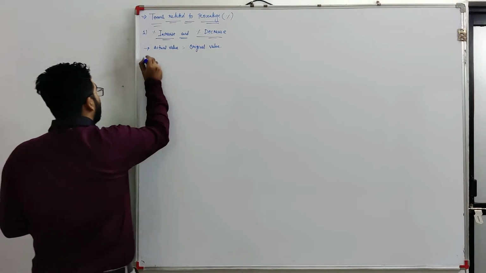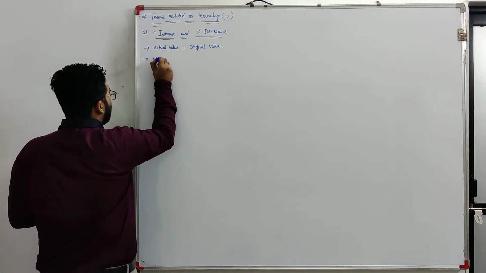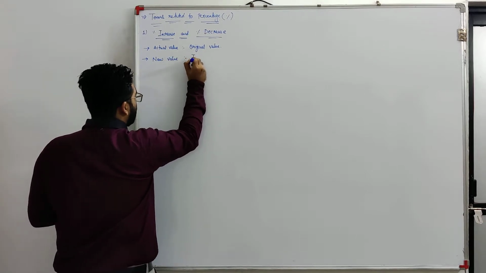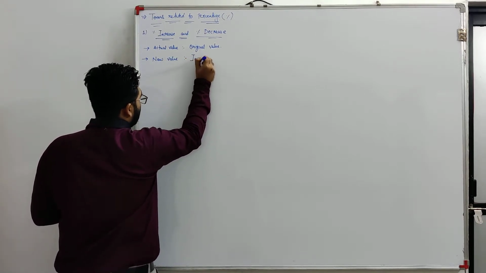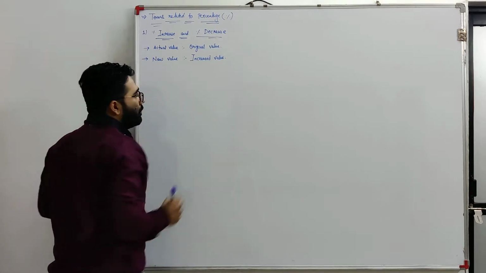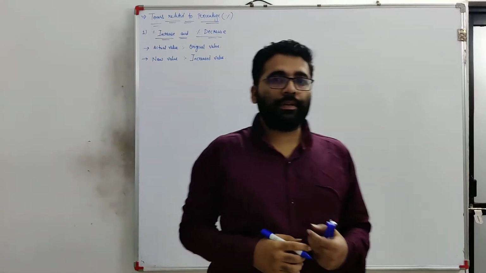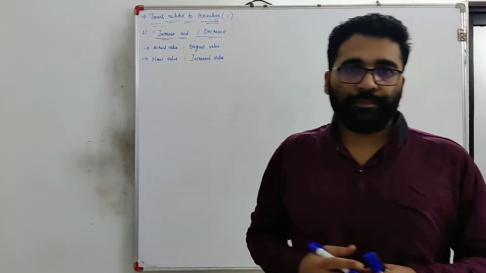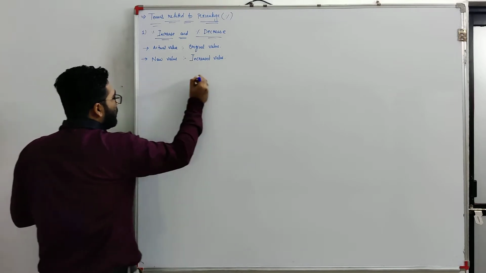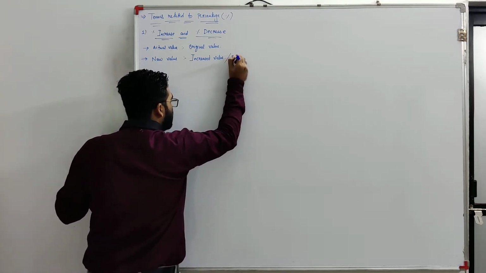Then we get the new value. What is the new value? It is the increased value. New value means the value now, after adding something, and sometimes it is also a decreased value.